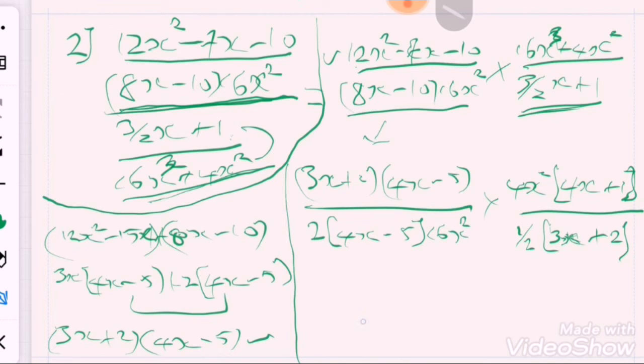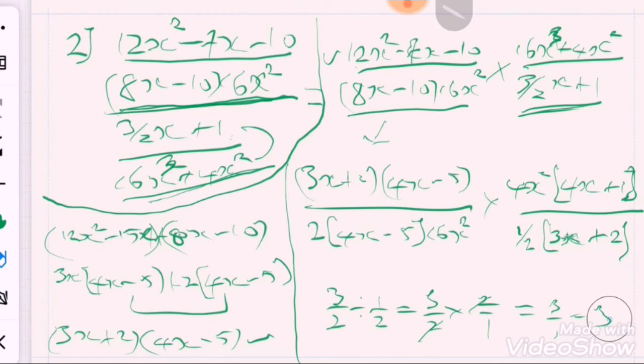Look at it here now. For this first one, when I have 3 over 2 divided by 1 over 2, it equals 3 over 2 times 2 over 1. 2 and 2 will strike out. I will have 3 over 1, which is 3. Simple.